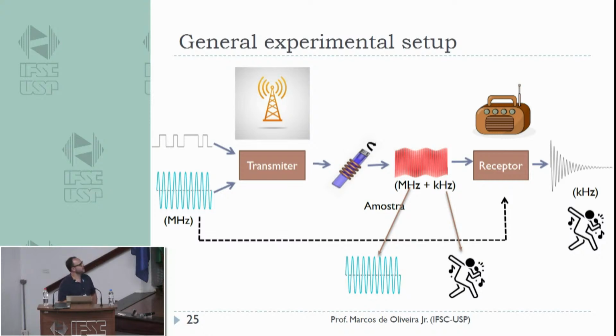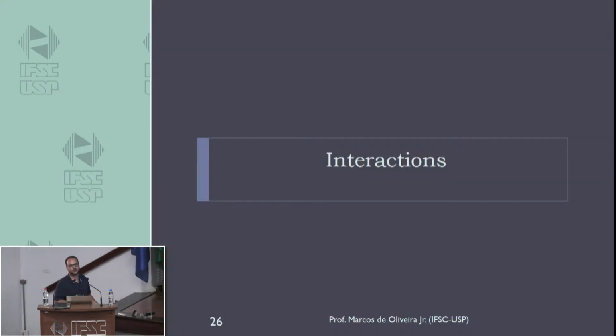In this response, we have information about the Larmor frequency, the same one we use to excite our sample, plus the singer here, which is our meaningful signal. And we want only the singer's voice in our final spectrum. So in the receiver, we do the same thing that a radio receiver does. We subtract the carrier, and then we get only our meaningful signal. Because the Larmor frequency we already know, so we don't want more information about that.